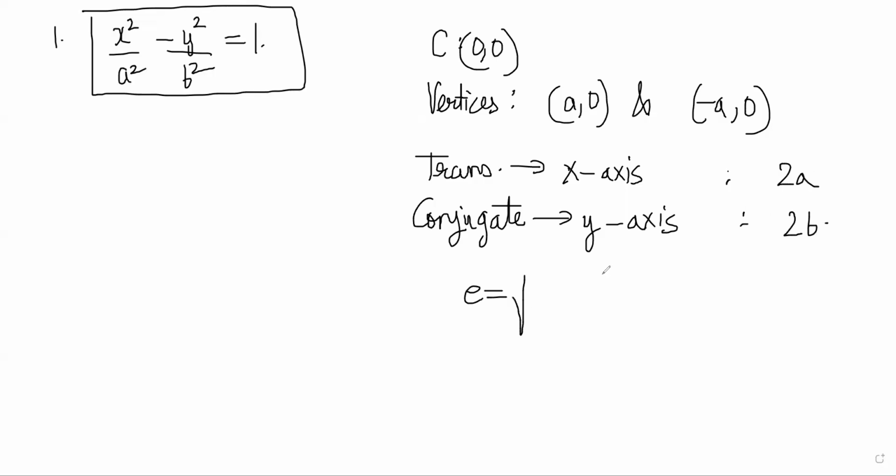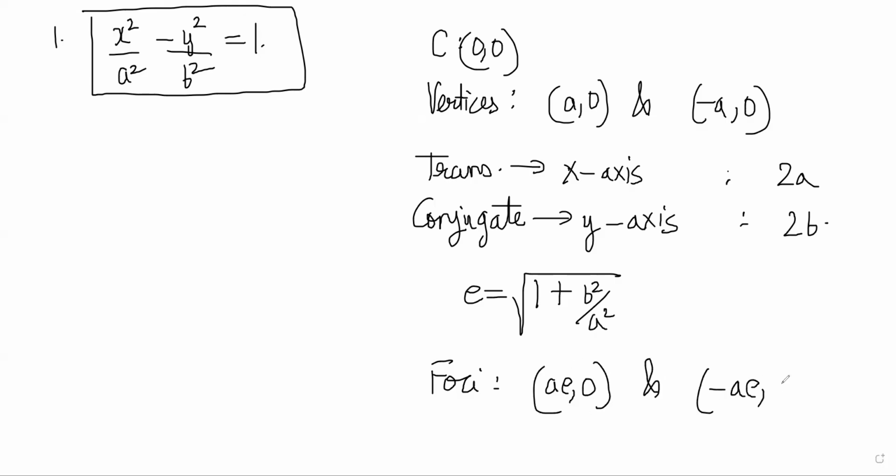The eccentricity is root over 1 plus b square by a square. The foci are ae comma 0 and minus ae comma 0. The directrices are x is equal to plus minus a by e.